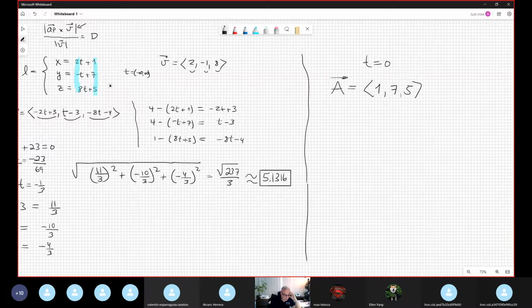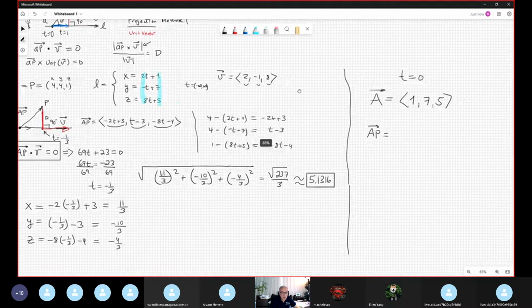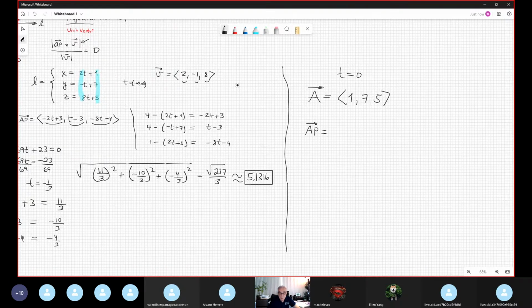Now, in order to find the vector AP, you subtract that component 1, 7, and 5 minus P. Who is P? P is 4, 4, 1, and associated with that we have the position vector.